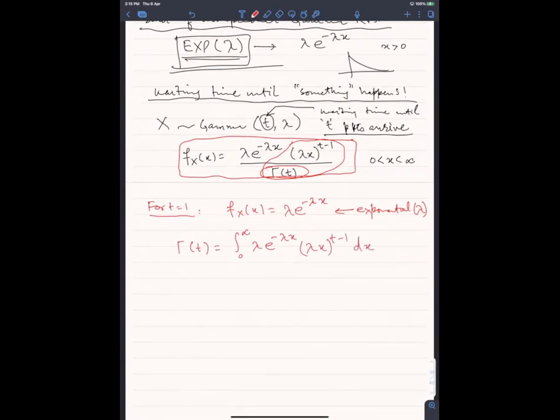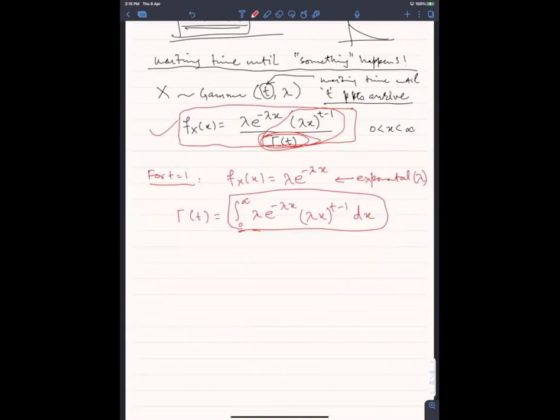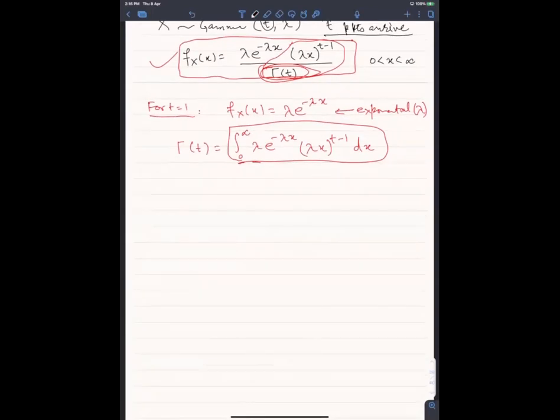This should be so. If gamma t, the denominator, is equal to this integral, which means that if I integrate fx, the numerator and denominator will cancel and we will get a 1 as the integral of the PDF. Okay. You can also plot this guy and find out that this is non-negative. So this will actually be a PDF.